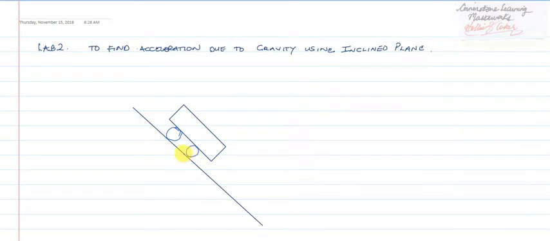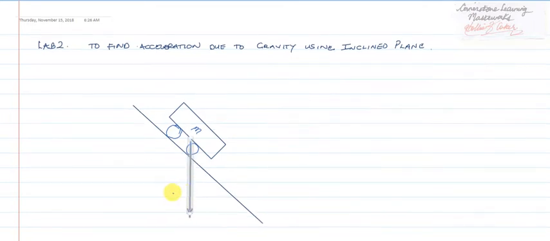Okay, now if the trolley has a mass m, we should know that we have weight acting downward like this. That'll be weight. That weight now can actually be resolved into two components at right angles to each other.